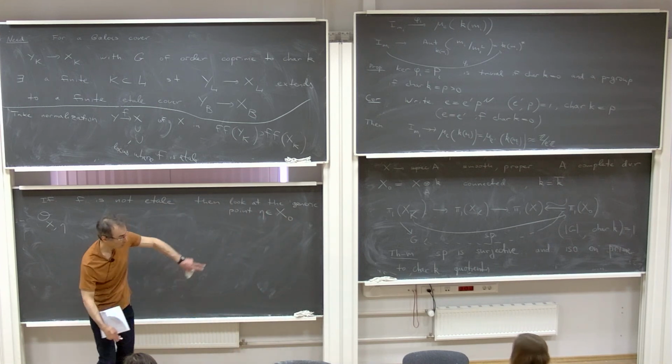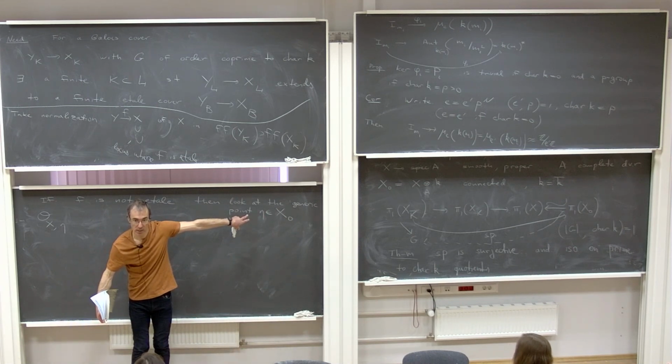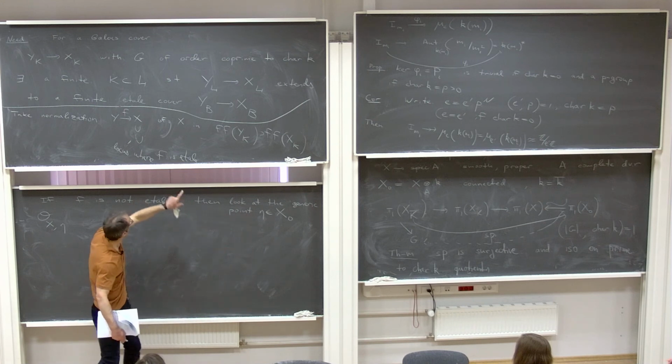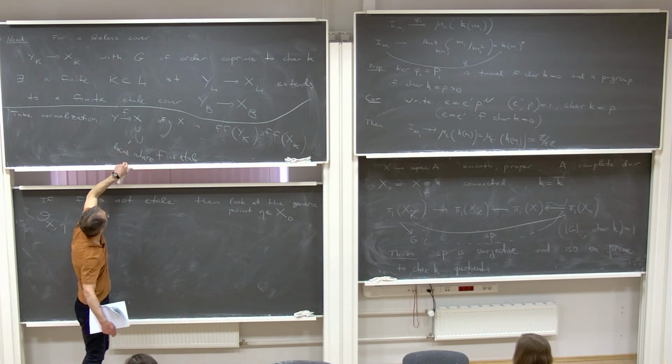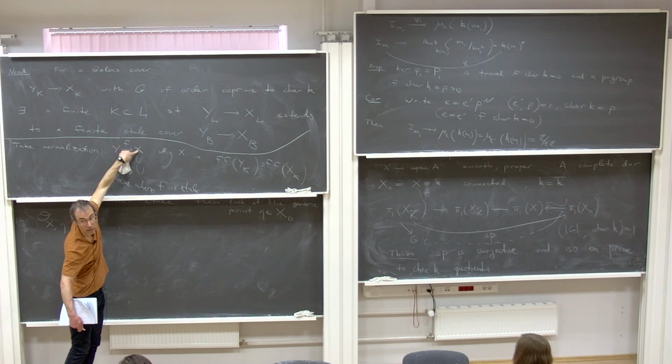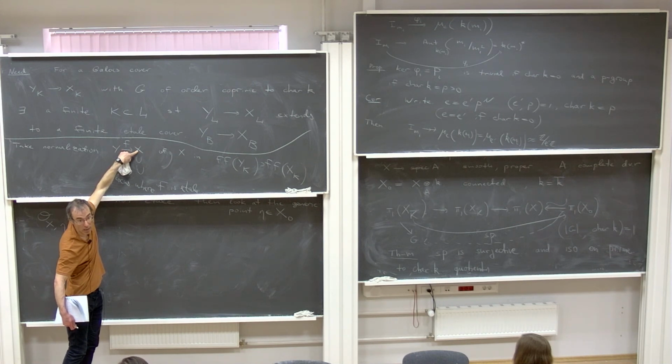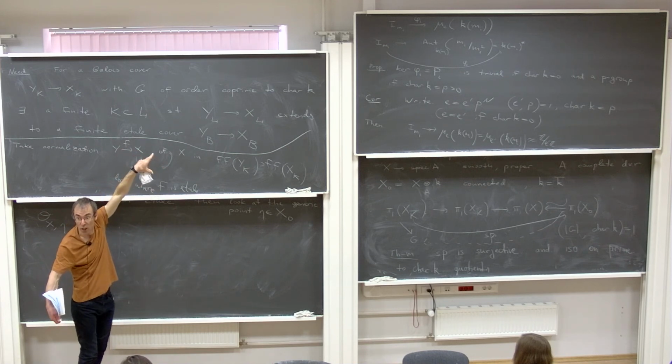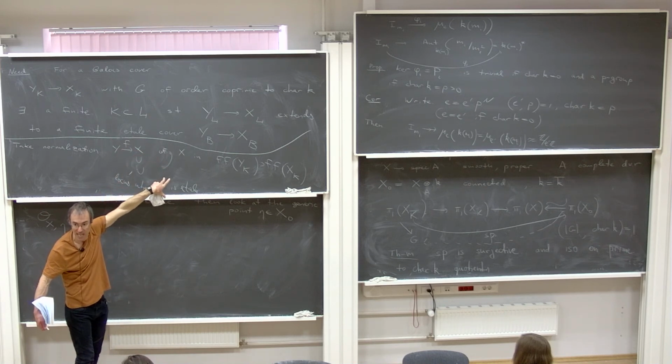This is the only point of codimension 1 that is in the complement, right? Because what are other points of codimension 1? Other points of codimension 1 are in the generic fiber, are already in X_K.